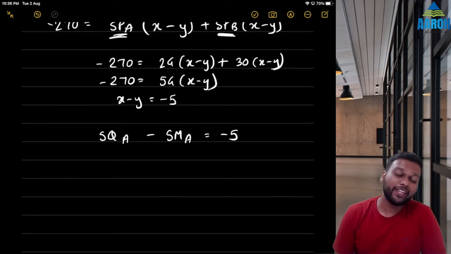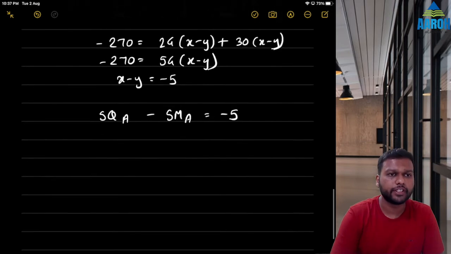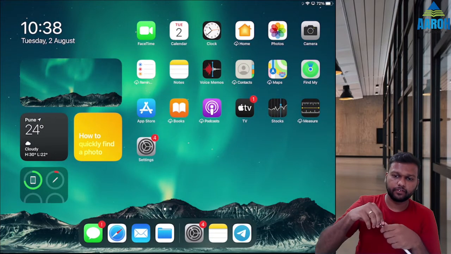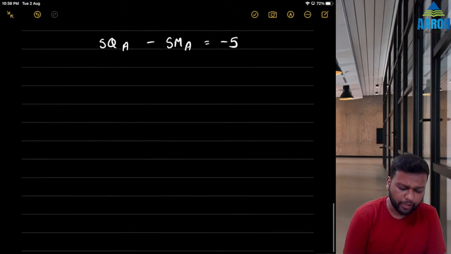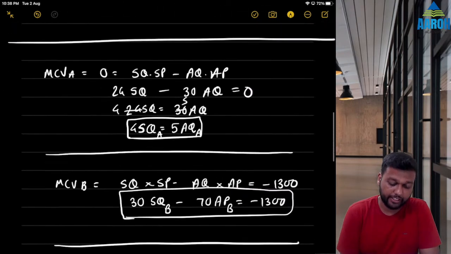Now the next part is very interesting, because we have got three equations. Still not close to the answer.